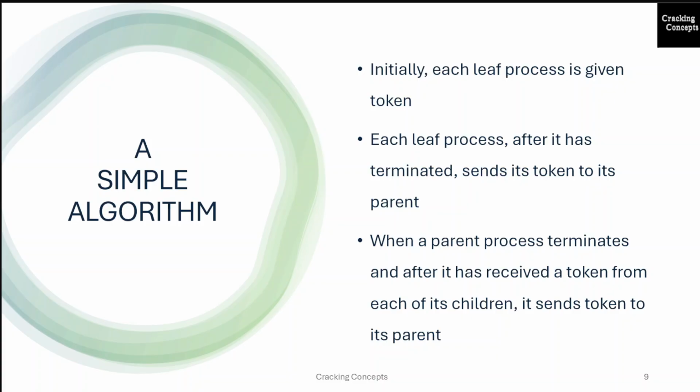Now we'll see a simple algorithm based on this idea. Initially, each leaf process is given a token. Each leaf process, after it has terminated, sends its token to its parent. When a parent process terminates, and after it has received a token from each of its children, it sends a token to its parent.